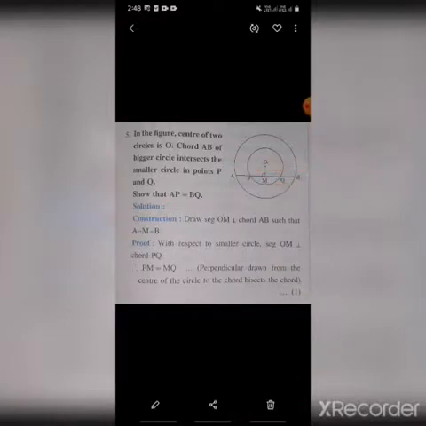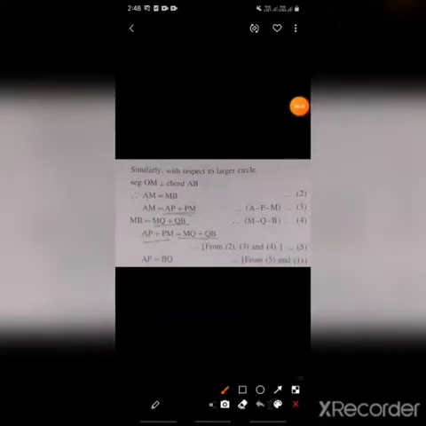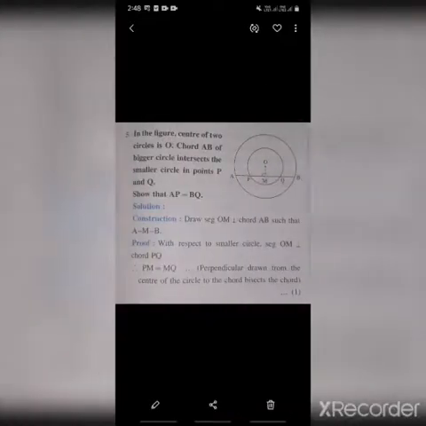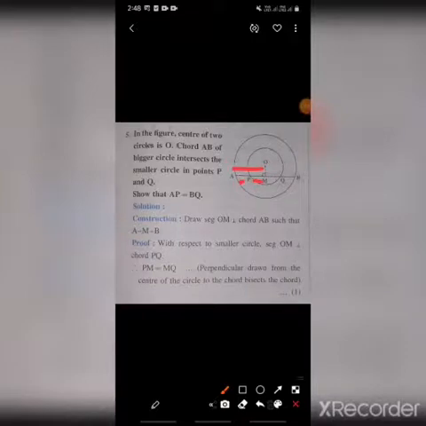But at what stage are we? AM is perpendicular to MB, so AM is equal to AP plus PM, and MB is equal to MQ plus BQ.